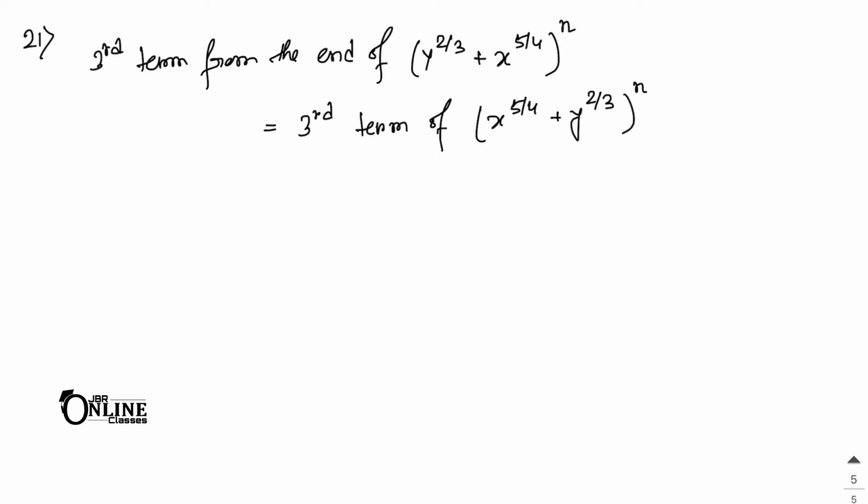That means for (a + b)^n, it will be equal to (b + a)^n. So now you have to find out the third term of this one.